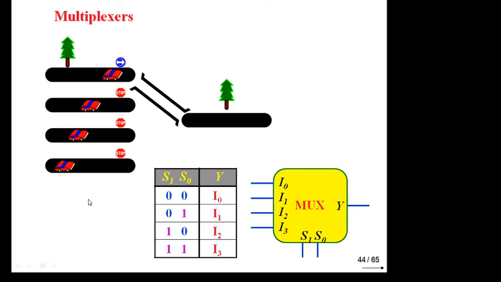Similarly, for a 4:1 mux, what will be the final equation? S1 bar S0 bar into I0 plus S1 bar S0 into I1 plus S1 S0 bar into I2 plus S1 S0 into I3.